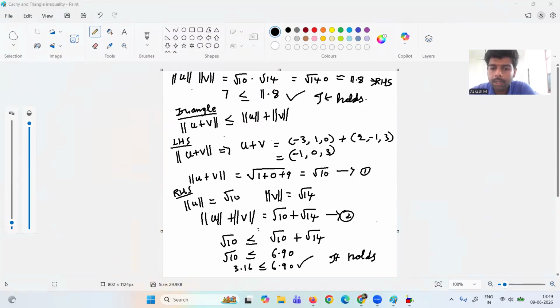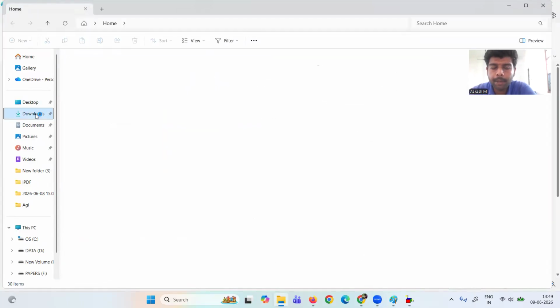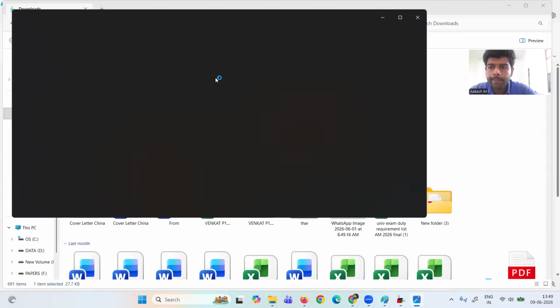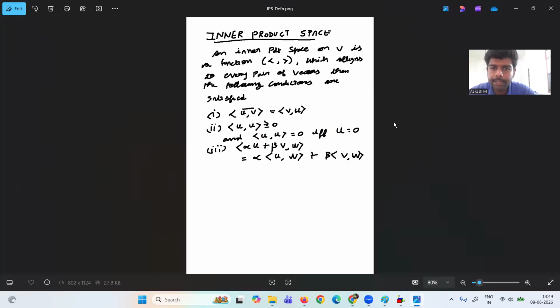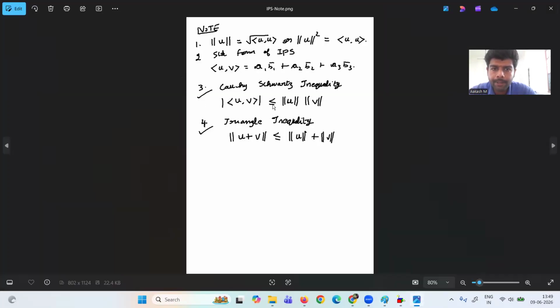So what have we discussed up to now? We have discussed the inner product definition; these three conditions should be satisfied. Next, we have seen the notes for the Cauchy-Schwarz and triangle inequalities.